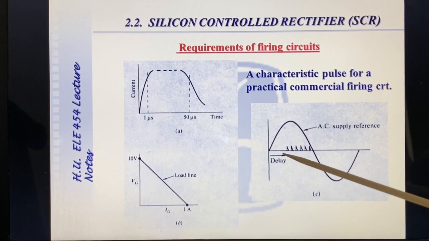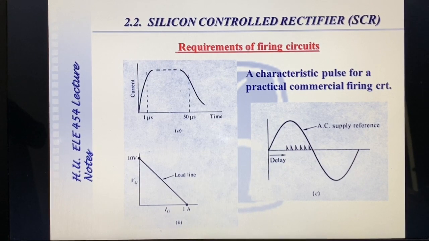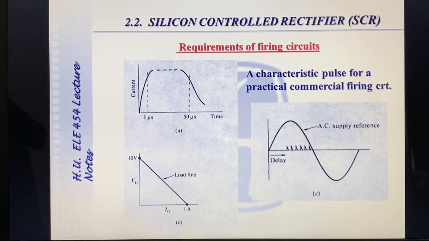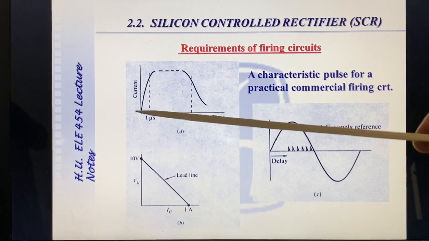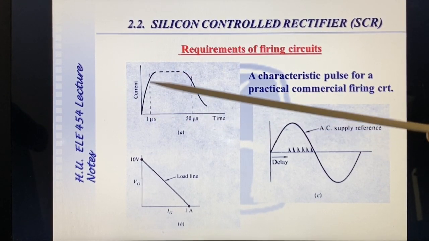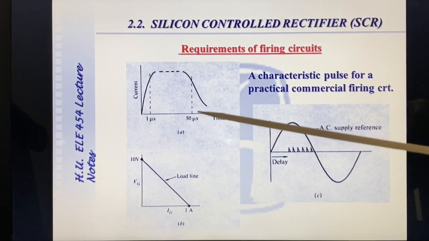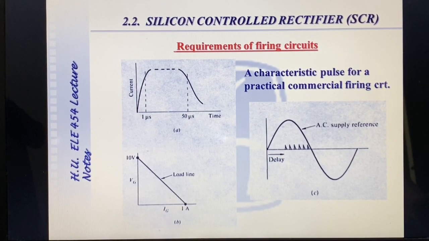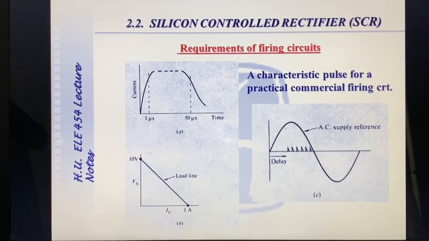After the triggering angle, called the delay angle or firing delay angle, you start to give the pulses to the thyristor to put it into conduction. So that's a typical gate current pulse of 1 microsecond rise time, 50 microsecond at least duration. You can obtain the firing circuit this way.